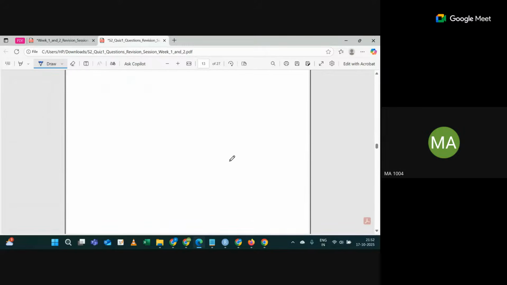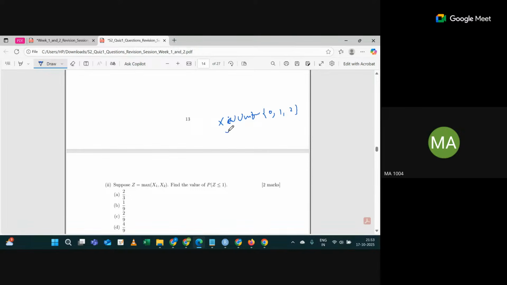Okay, great. The next part, related to the previous one: another function is defined as Z, which is the maximum of X1 comma X2. What is the probability that Z is less than or equal to 1? Should I write the possible values? X is uniform on 0, 1, and 2, and Y is uniform on 1, 2, and 3.